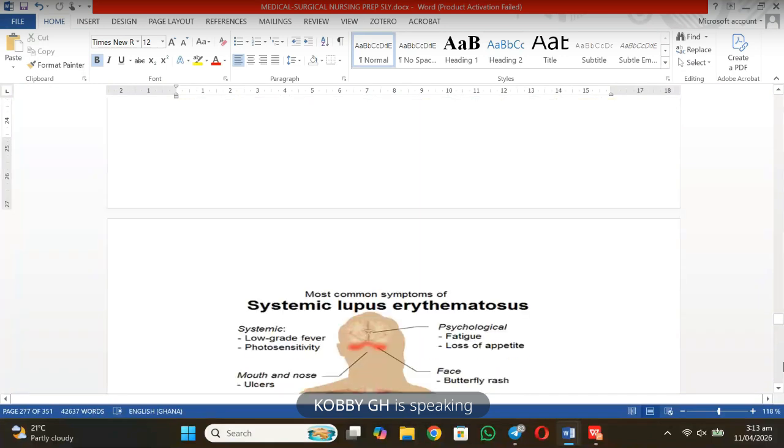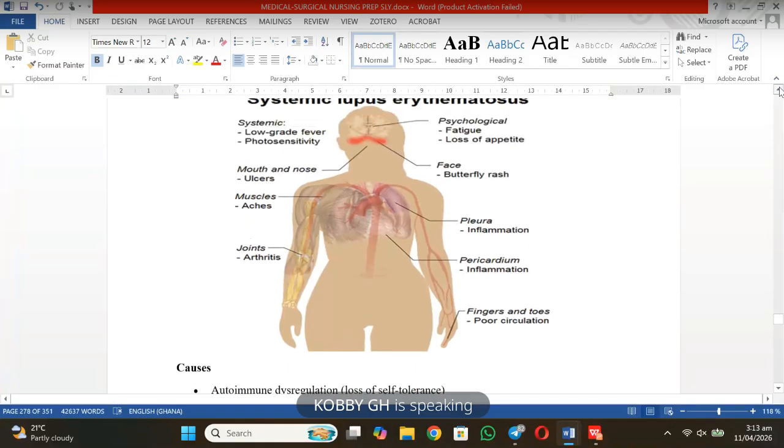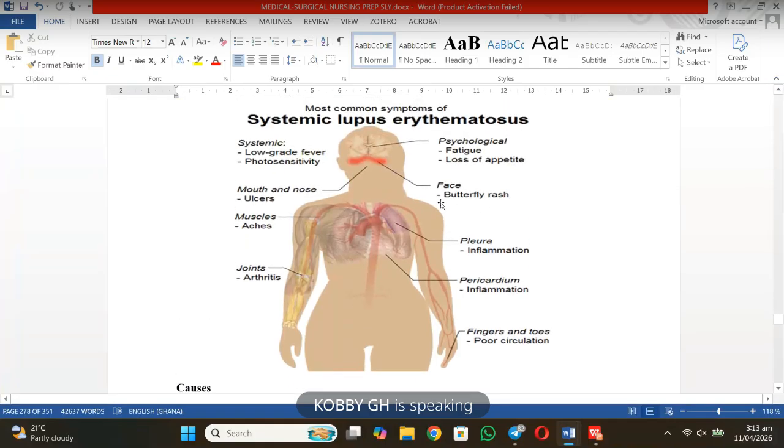Yes, and that is what makes lupus very interesting. Apart from the fact that it can manifest in the skin, and usually on the face, your patients would sometimes experience a butterfly rash. That is one of the cardinal signs of systemic lupus, a butterfly rash. So you see here, lupus can even affect your muscles and your joints.